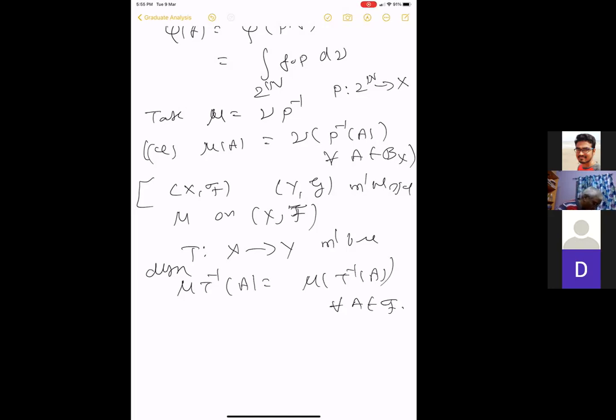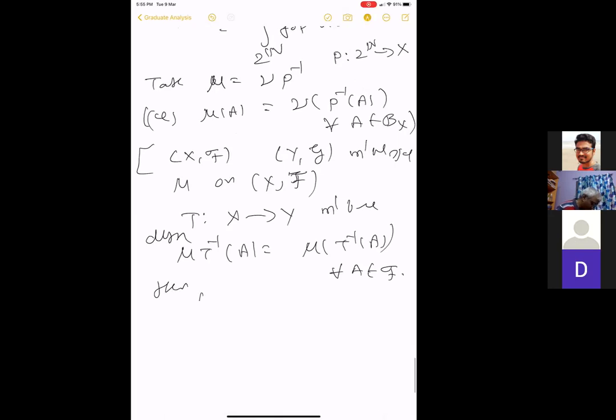This is fine. So then the integral of any function f on Y with respect to d mu T inverse is the same as the integral of f of T with respect to mu, where f of T is a function on X. This is true for any indicator function because the measure is defined like that, so it is true for any simple function.